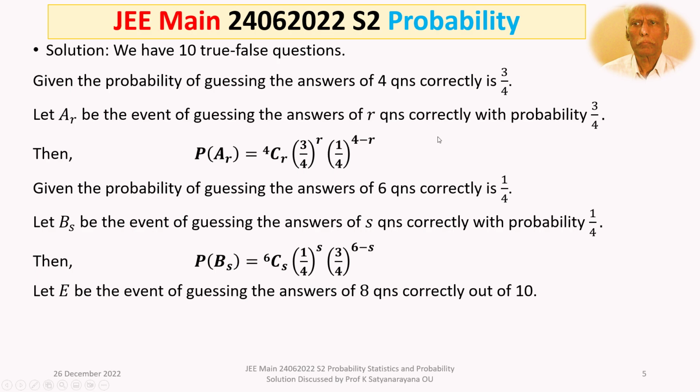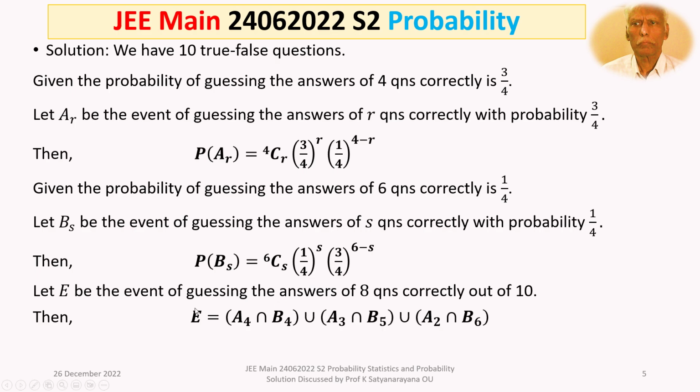The next is 3 of the A type, with the probability 3/4, and the remaining 5 of type B, with the probability 1/4. Then 2 and 6: 2 questions of type A, and 6 of B type. So the possibilities are (4,4), (3,5), (2,6). These are the only 3 possibilities.